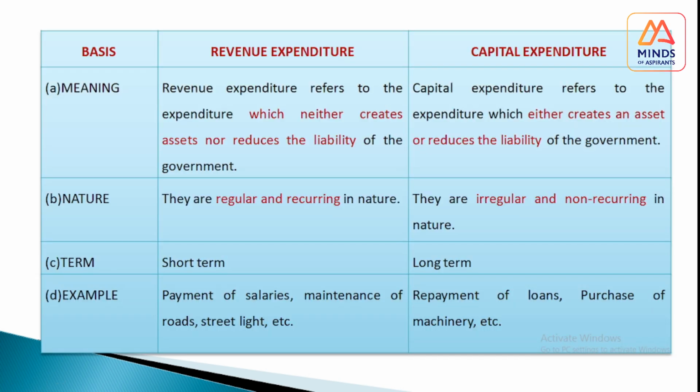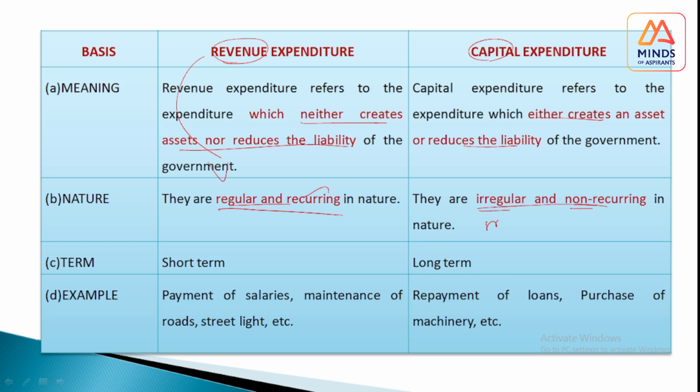Now, a basic difference between revenue expenditure and capital expenditure: revenue expenditure neither creates assets nor reduces liability. On the capital side, it must either create an asset or reduce a liability. Revenue expenditure is regular and recurring in nature, whereas capital expenditure is irregular and non-recurring.